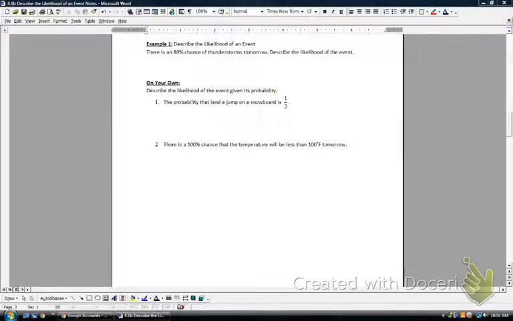Example 1 says, describe the likelihood of an event. There is an 80% chance of thunderstorms tomorrow. Describe the likelihood of the event. Well, if I look at that little number line type thing that I just drew, 80%. So here's my thought process. 80% is pretty close to 75%.